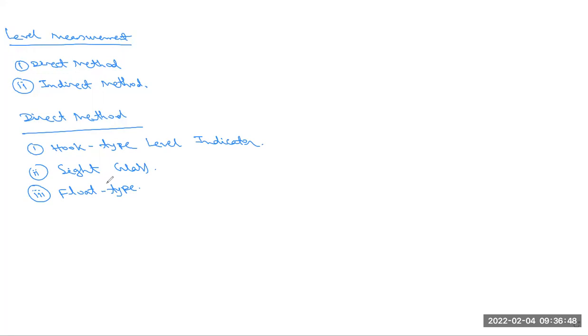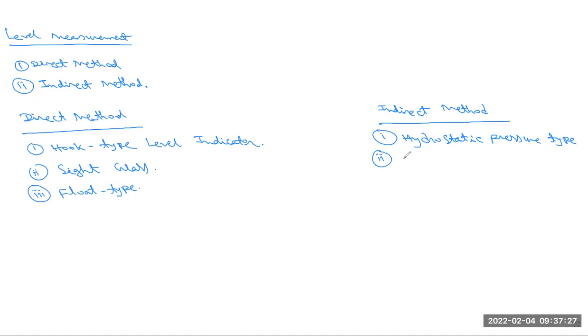Now we have to discuss the other one, the indirect method. The indirect method is basically of two types. One is the hydrostatic pressure type, and number two is the electrical method.